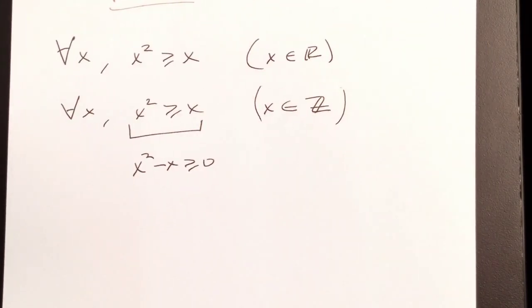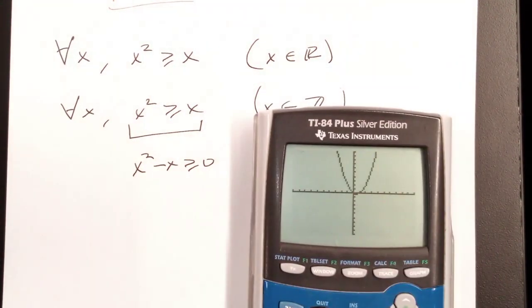When I graph that, I get this picture. I'm going to blow this up, zoom in, and we see the only place where this is negative is between 0 and 1. So if I'm not allowed to use any fractions, it's never negative.